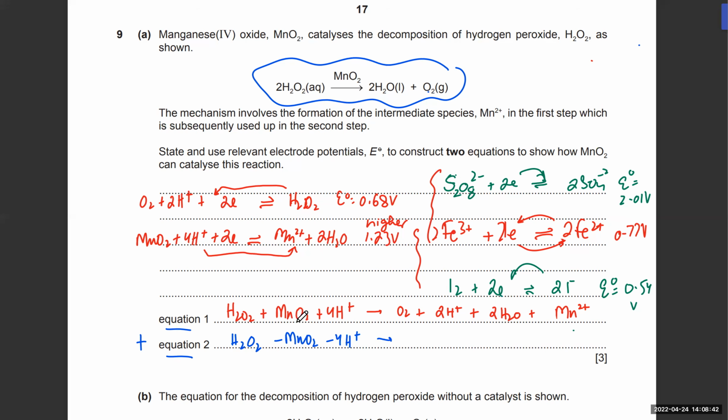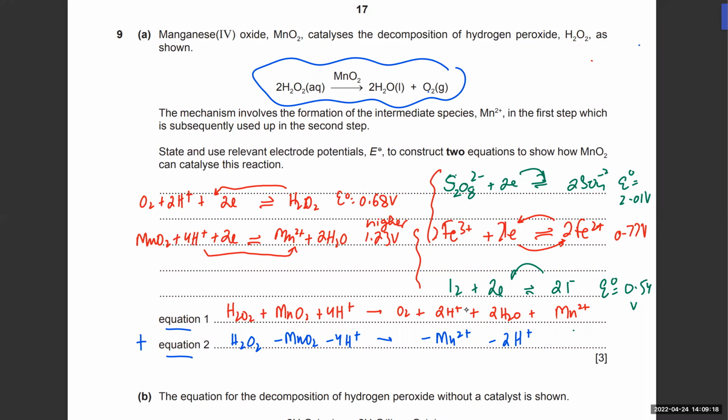So the left side, if you add them up, gives you 2H2O2. On the right side, this equation must add up with some other equation to give you this product side. I've got 2H2O over here, and O2 as well, so that's also here. So all I need to do is cancel out this Mn2+, so I'm going to put minus Mn2+ over here. And I also need to cancel out this H+ as well. That needs to be cancelled out.